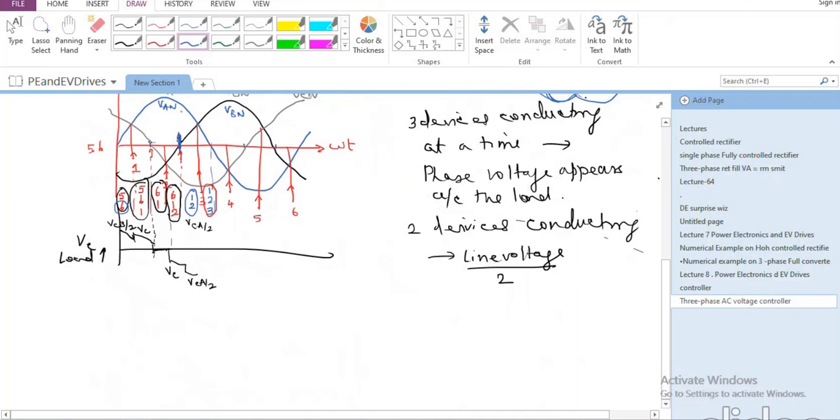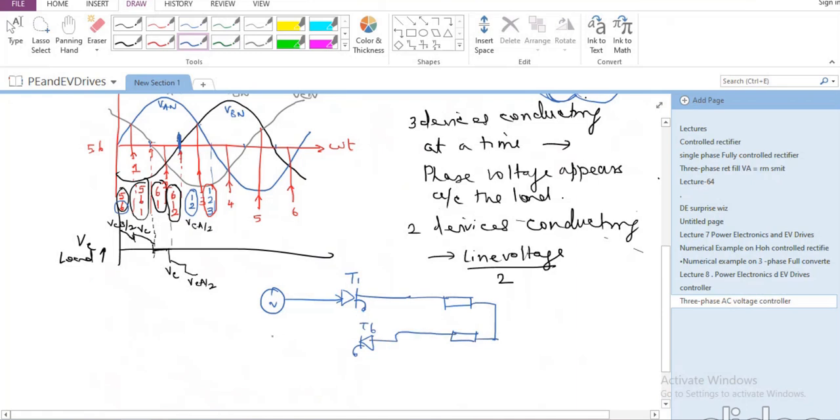So only if VAB is positive, I'll be able to get a current between A phase and B phase. That is, the current will go from A phase through device number 1, and it can return through B phase with device number 6.